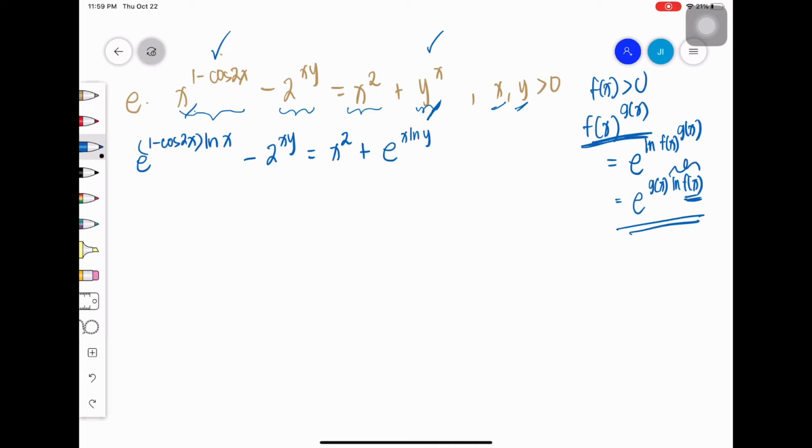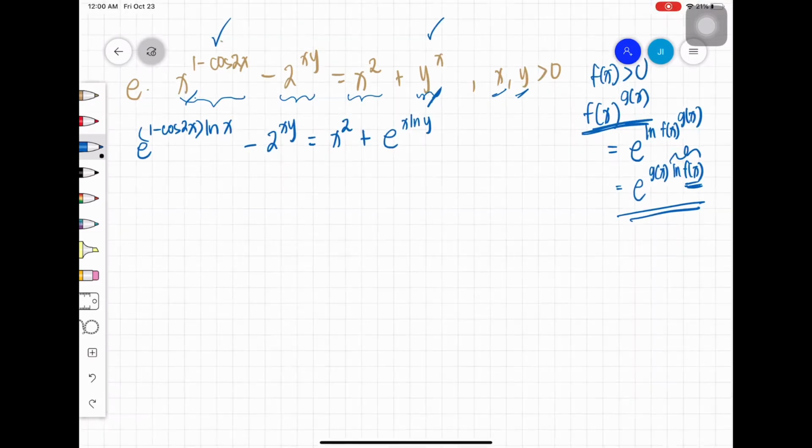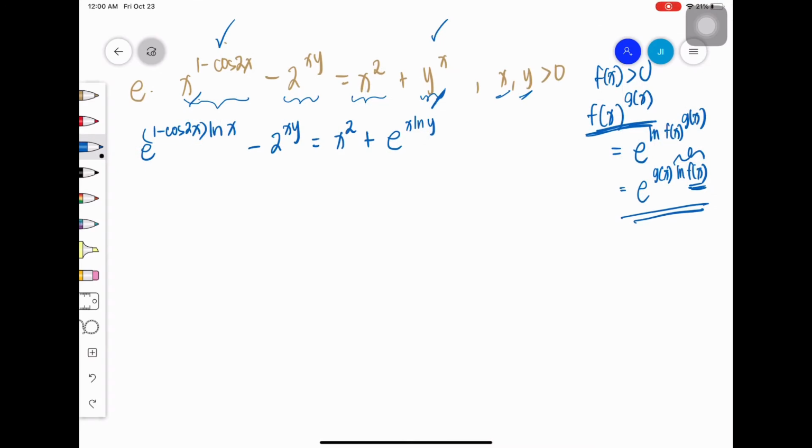Now, since we have such terms, we can now apply implicit differentiation on both sides and isolate y prime afterwards.